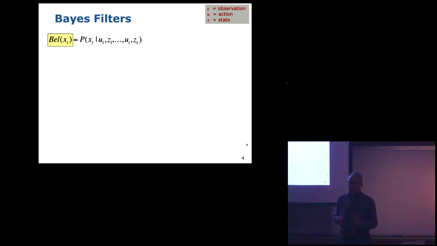Brief recap about Bayes filters. What we are interested in typically is we want to have a belief about the state of the dynamical system, and this is basically a posterior distribution over the state given all the actions that the system has carried out and all the observations it has made. And so U's are the actions, and Z's are the observations.